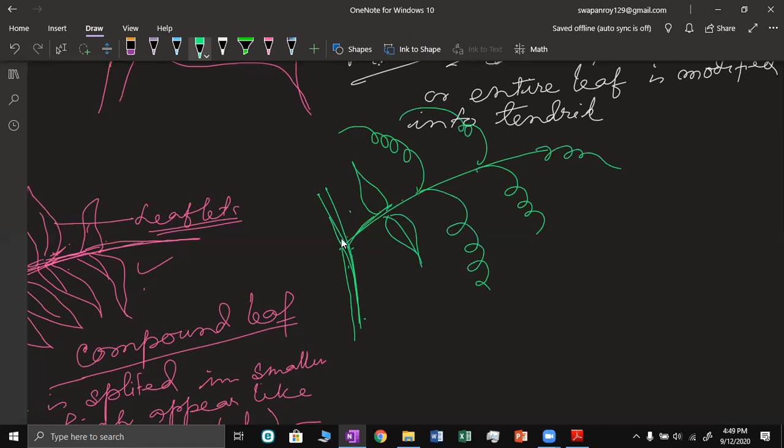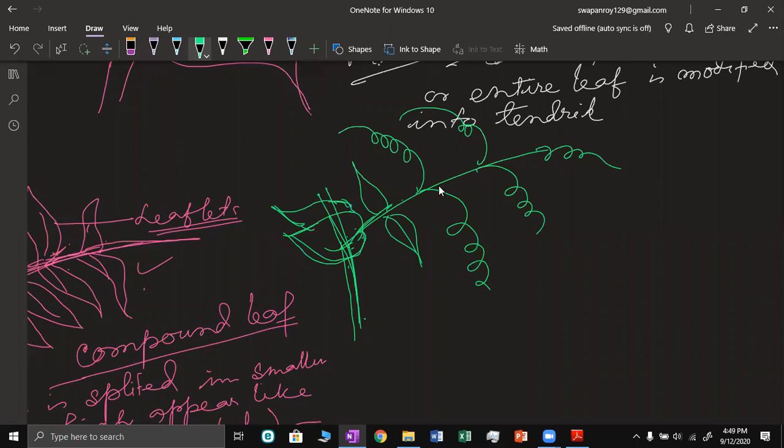Their photosynthesis is carried out by the stipules. Stipules are leafy. One pair of stipules is there. They carry out the function of photosynthesis.